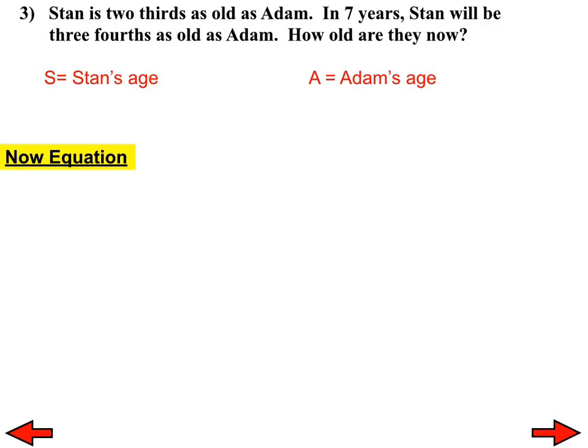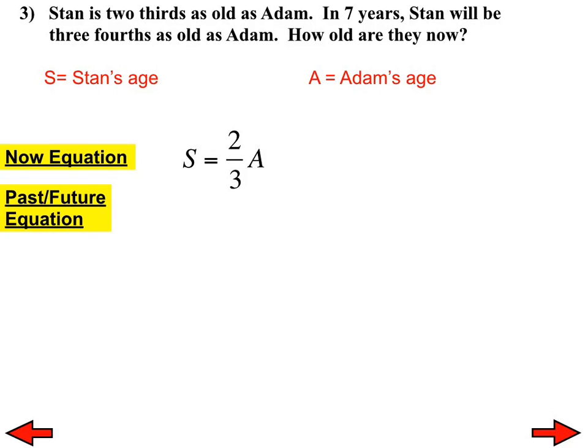Ivan? Well, for my variables, I put S equals A plus 2/3. Well, it doesn't say he's 2/3 of a year older. It says he's 2/3 as old. Mason? Would be S equals 2/3 A. There you go. Yeah, it doesn't say 2/3 year older. It says 2/3 as old. So that would be my now equation.